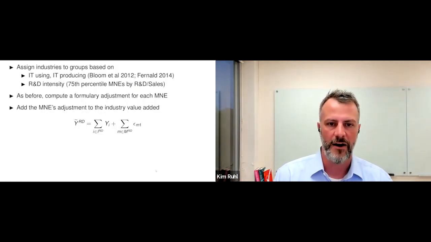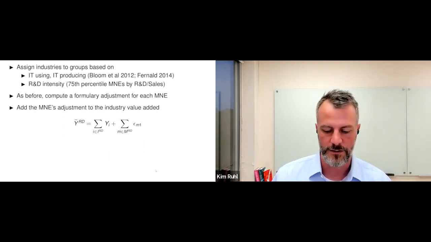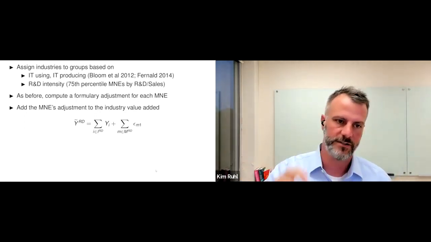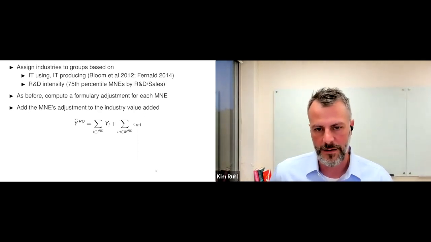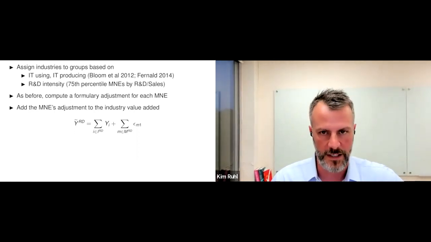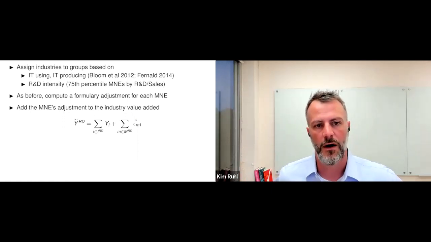Okay, so now I would like to take those and look at the industry characteristics. That's in the aggregate, and in the aggregate we've already seen that this is concentrated in a few industries. So after doing lots of different things, including checking IT using firms versus IT producing firms, which has been talked about in the literature a bit, I'm going to show you the results for R&D intensity.